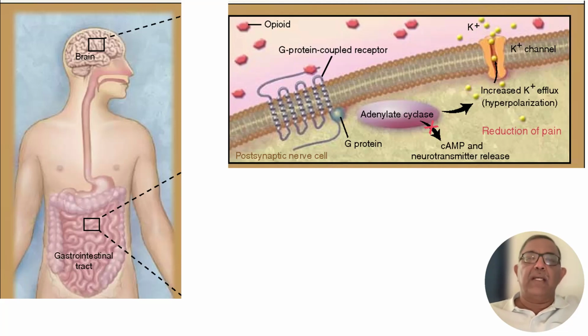So in the GI tract, these effects can be blocked by a medication called alvimopan. It blocks the binding of the opioid agonist to the mu-opioid receptor and helps prevent constipation. Because alvimopan does not cross the blood-brain barrier, it would not affect the analgesic effect of the opioid painkillers.